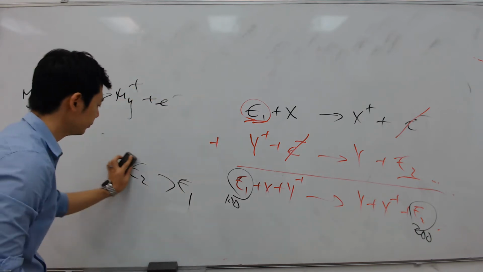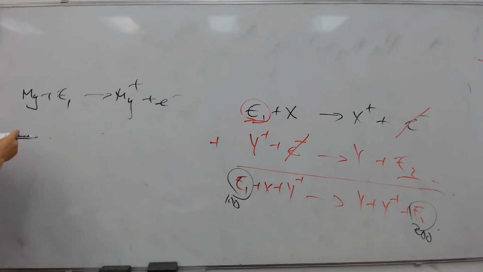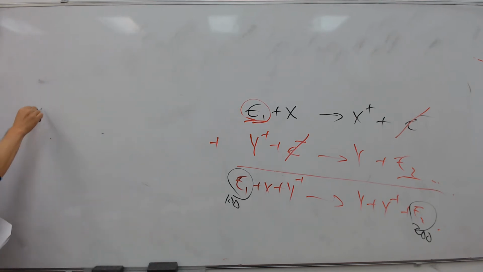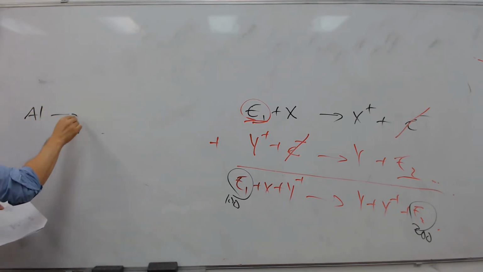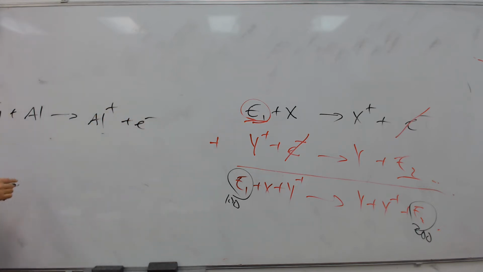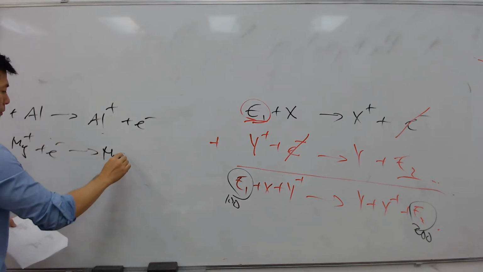And now the other process, I'm sorry, I messed it up. Give me a second, guys. So we have aluminum. Taking the electron out of the aluminum, Al turns into Al plus and an electron, and this is E1. And now E2, where Mg plus turns into Mg 2 plus and an electron.